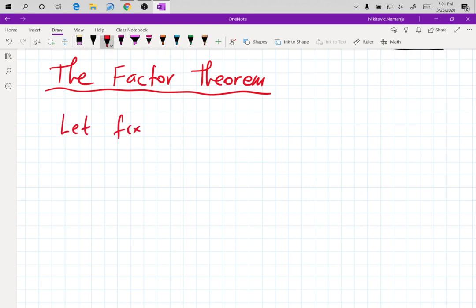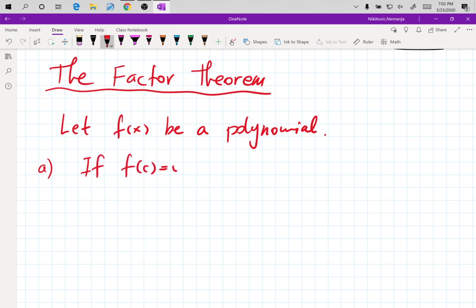Let f of x be a polynomial, any order: 7th degree, 10th degree, 2nd order, whatever. Part A of the theorem says, if f of c equals 0, then x minus c is a factor of f of x.